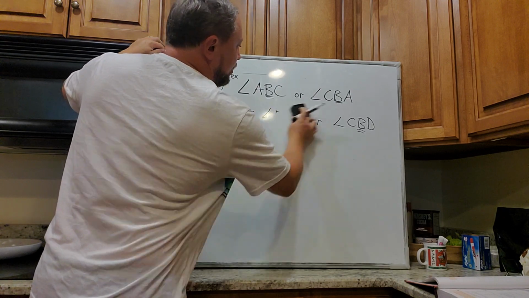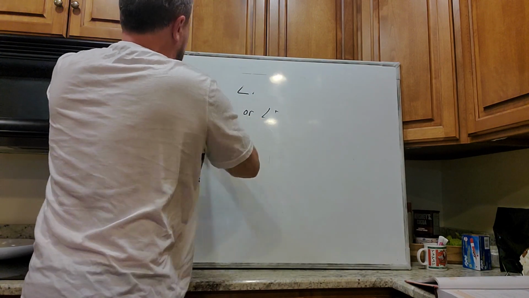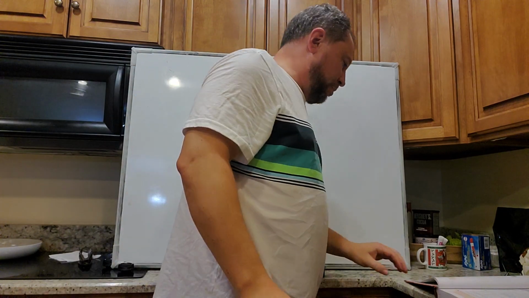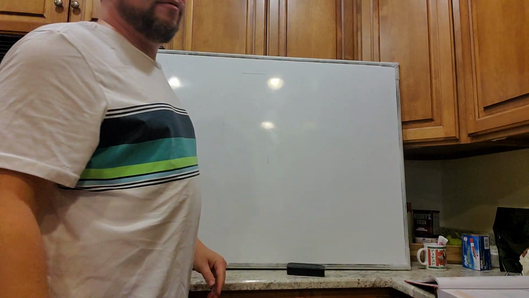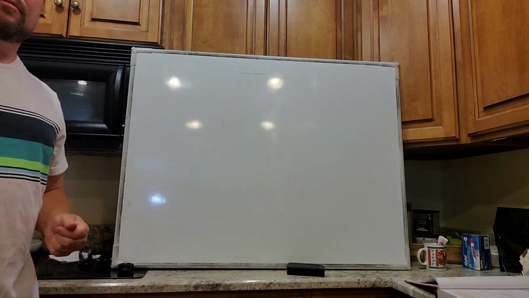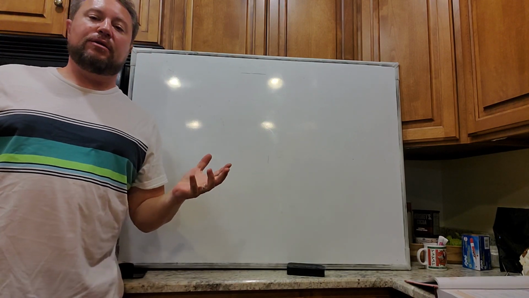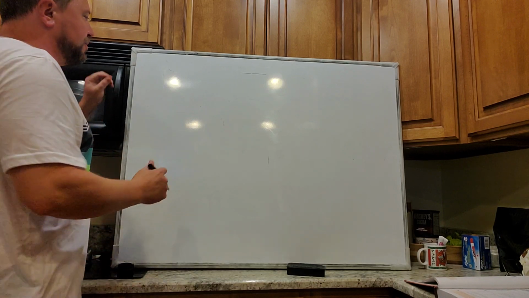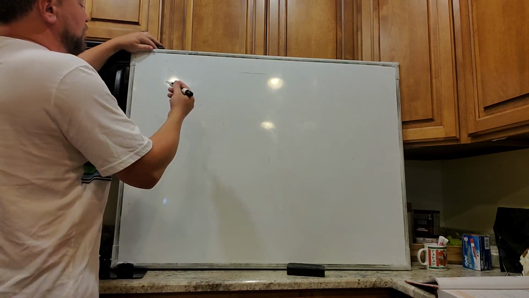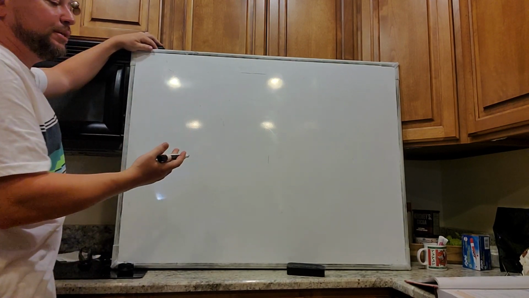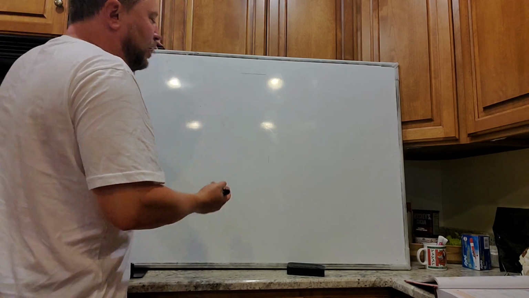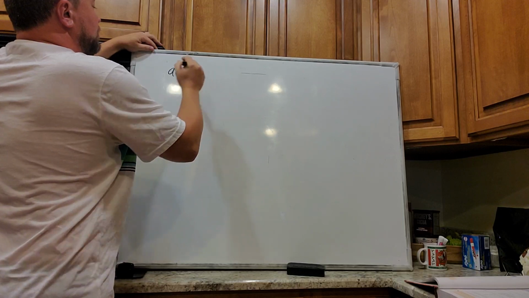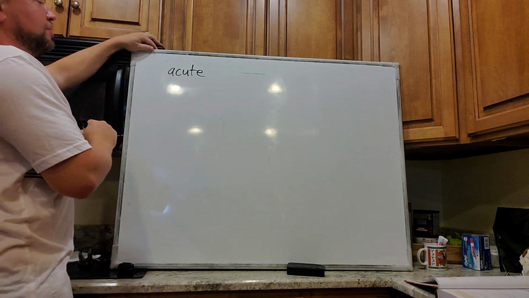So the next thing here that I want to cover is the different classifications of angles. Now this is more than likely going to be a review for you. So I apologize if this seems like a waste of your time, but I want to cover it real quick just to make sure everybody's seen these before. The different ways to classify them, well, first of all, there's what we call acute angles.